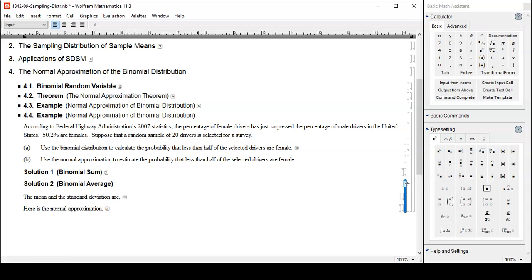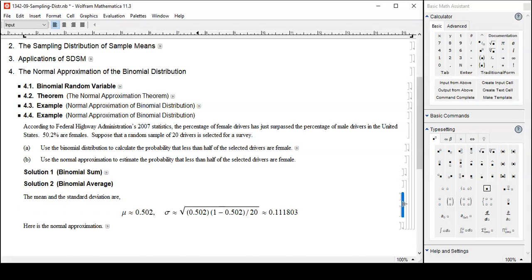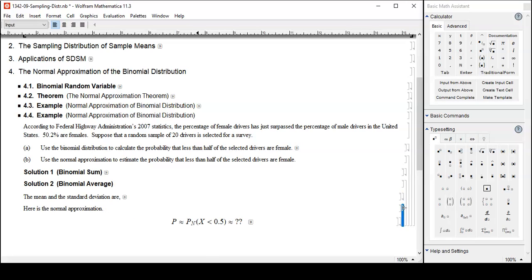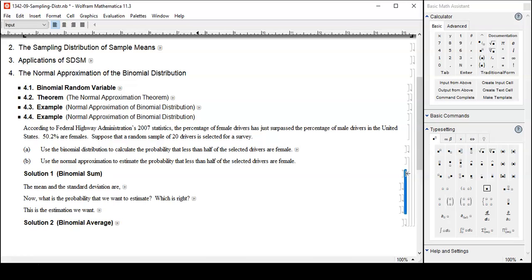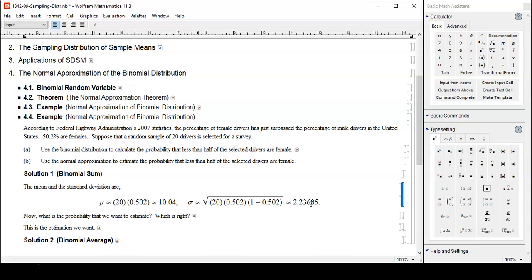So in the binomial average problem, we did this, less than half of it, but that approximation turned out to be bad. Is there any way to improve it? You can do it through the binomial sum. Sampling distribution of sample sums, and then the mean and standard deviation, or standard error, I should have said.